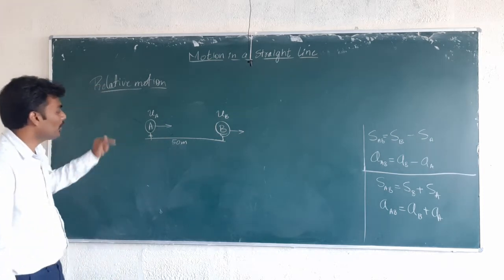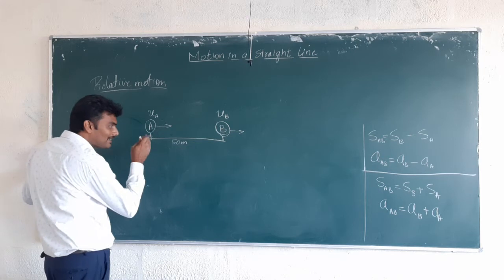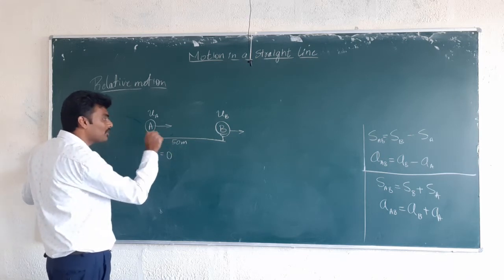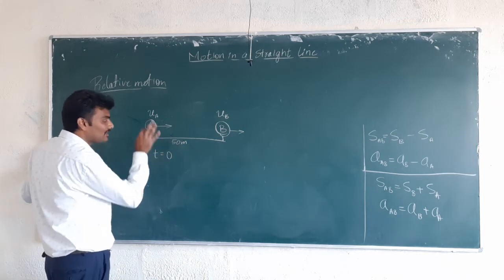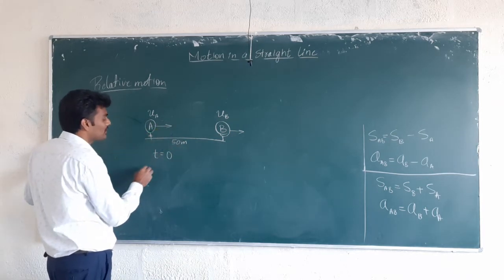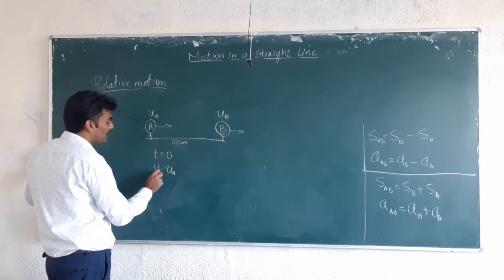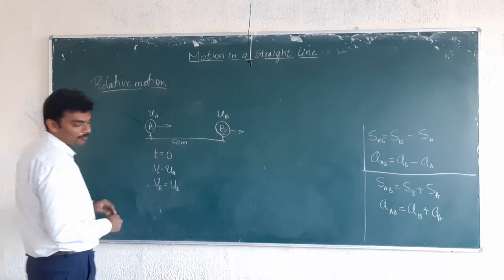This is the point from where we start observing, at t equal to 0, which means the motion starts now, and at this instant, velocity is UA for body A and velocity is UB for body B.